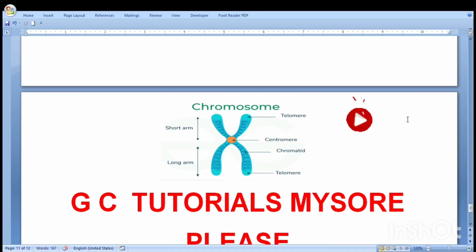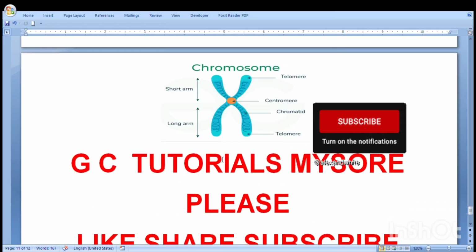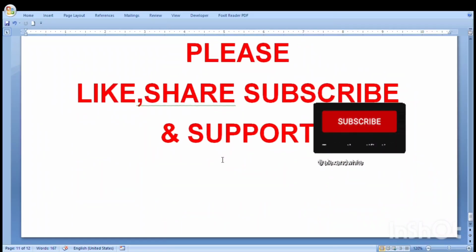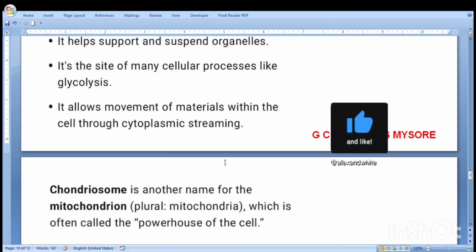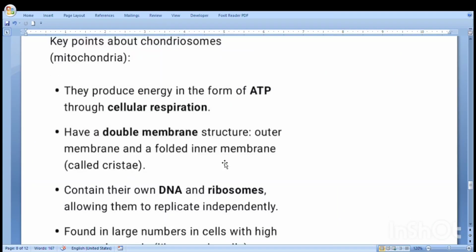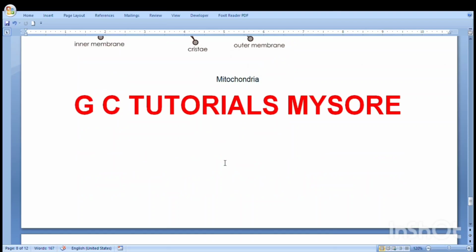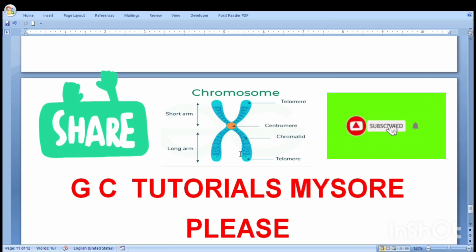This chromosome is a long thread-like structure made up of what? Made up of DNA and proteins.